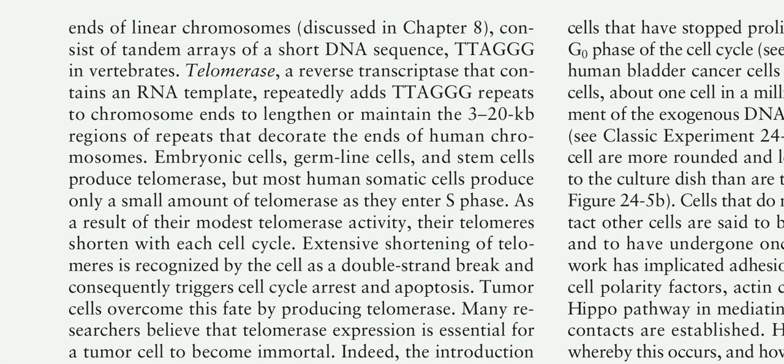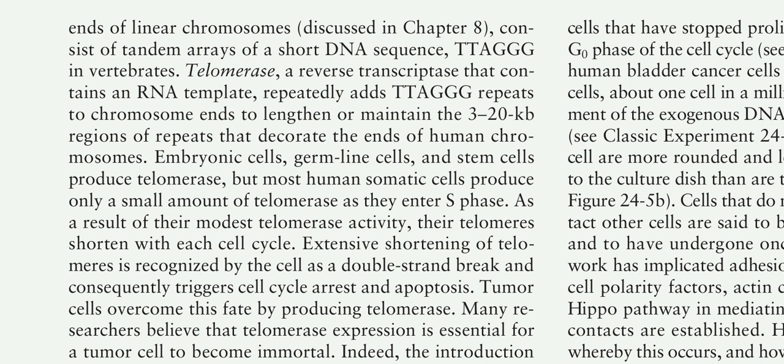Then telomerase, a reverse transcriptase that contains an RNA template, repeatedly adds TTAGGG repeats to chromosome ends to lengthen or maintain the 3 to 20 kb regions of repeats that decorate the ends of human chromosomes.